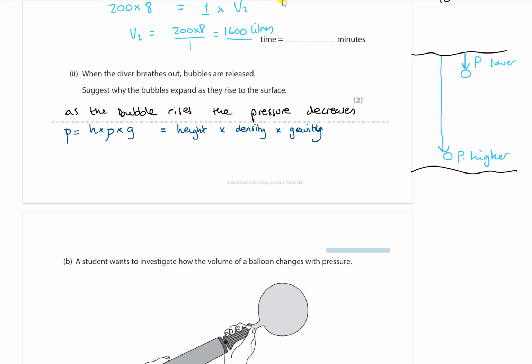So we know there's a higher pressure down here. So we know P1V1 and now we want to work out P2V2.